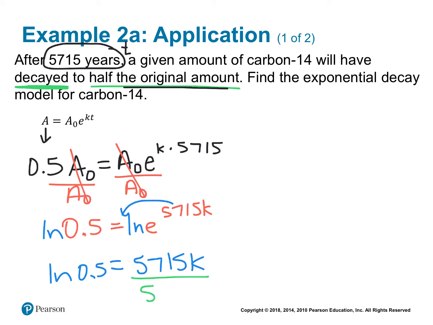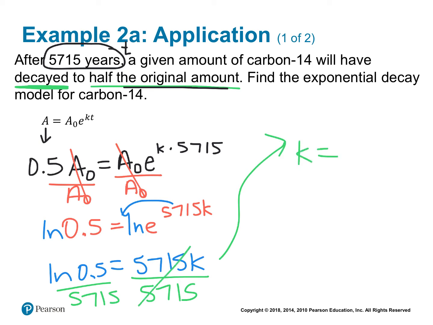We're trying to solve for K. So K would equal the natural log of 1/2 or 0.5 divided by 5,715. If you plug that in a calculator, you're going to get that K is about negative 0.000121.